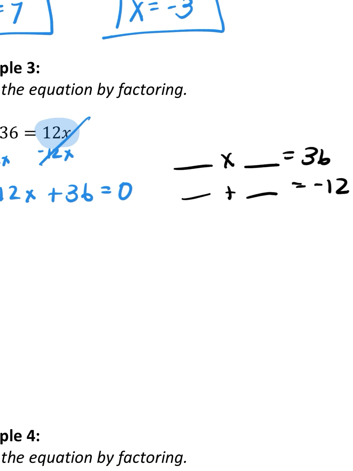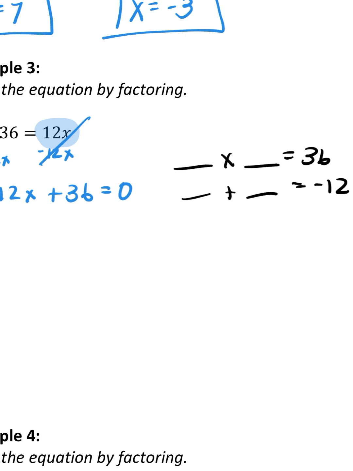No. Let's see, 36 divided by 4 is 9 and 4. I think that's going to work for me. 9, 4. Nope, that doesn't work either. Let's see. We have 2, and 36 divided by 2 is 18. That doesn't quite work. 36 divided by 3. Let me just make sure. Oh. Nope, that doesn't work either.